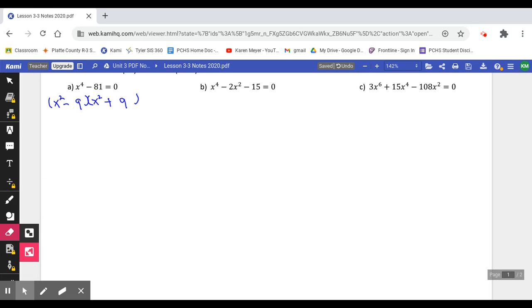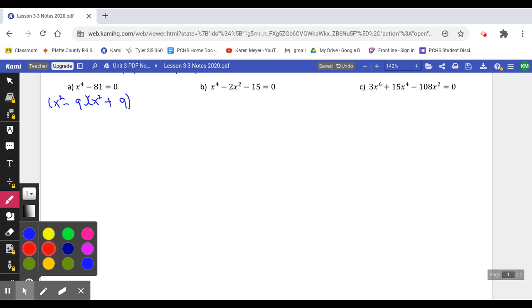So hopefully everybody is okay so far with what we've done. But we're not finished, because here's the catch. We still have two terms in each parentheses, and they have an even power. So we have to check to break them down even more.